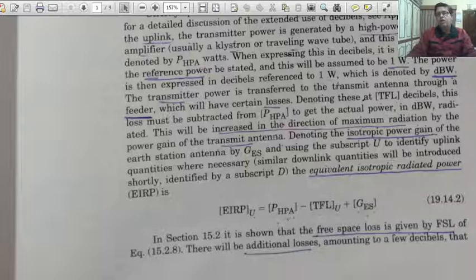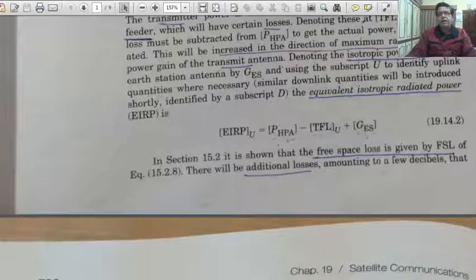Similarly, downlink quantities are denoted by subscript D: U for uplink and D for downlink. The equivalent isotropic radiated power, EIRP for the uplink, equals PHA minus TFL(U) plus GES.